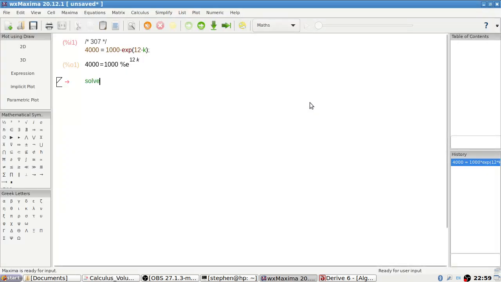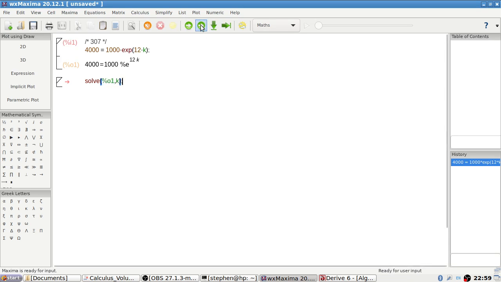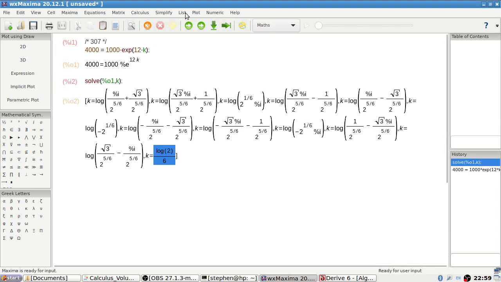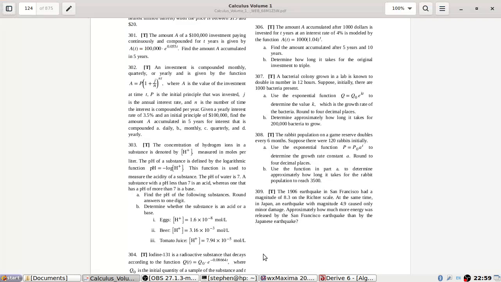Okay, let's solve that. Okay, it's this one here. So 0.1155. Is it double, or why did I put in 4,000?